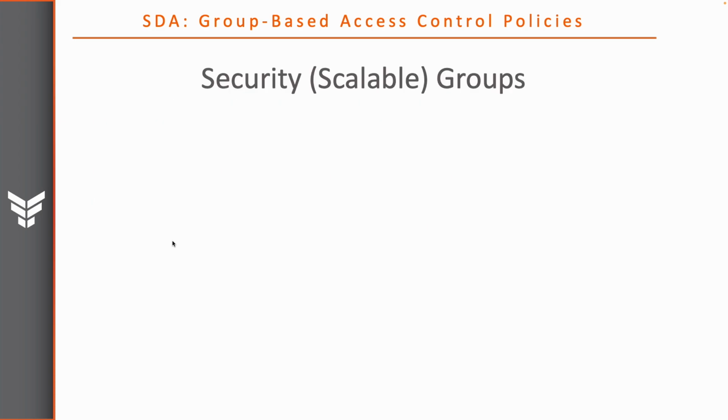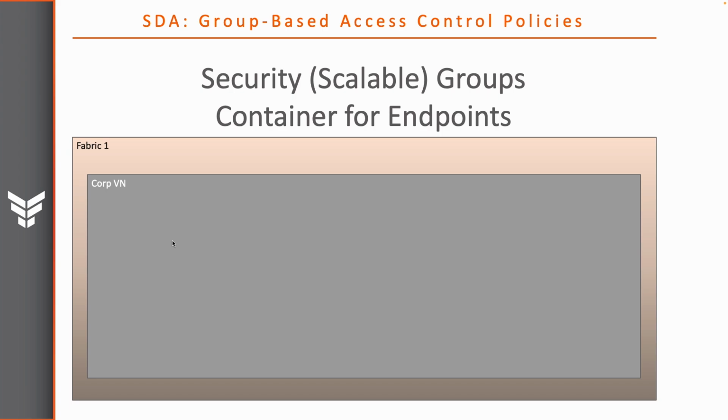When we talk about group-based access control policies, the first thing we want to talk about is our security groups, or scalable groups, you'll also hear them called. These groups represent a collection or a container for endpoints within our fabric. Now, what do we mean? Within our fabric, we are going to have one or more user virtual networks assigned to it.